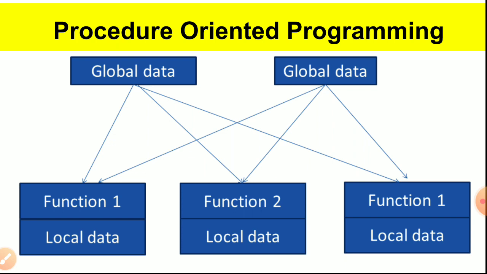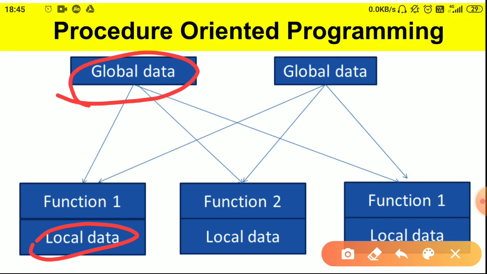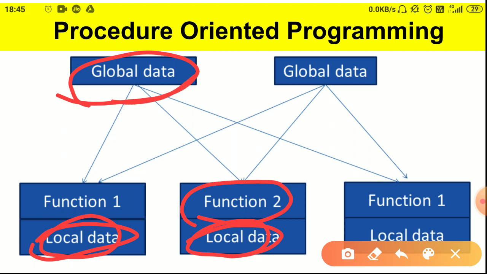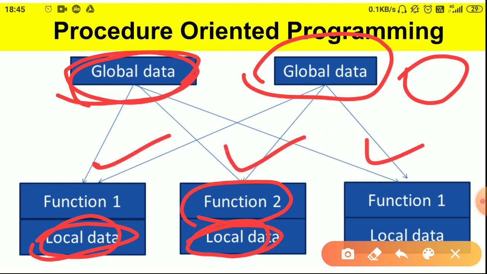If it is stored inside the function, it is known as local data. If it is stored outside the function, it is known as global data. The local data is accessible only inside the function, whereas the global data is accessible to all the functions.